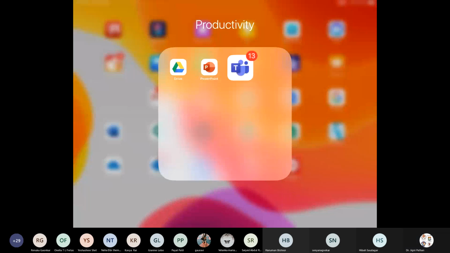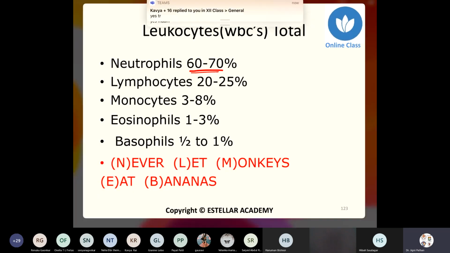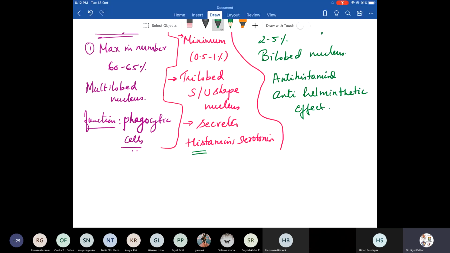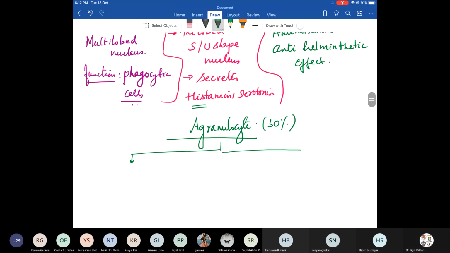Now, so neutrophils is about 60 to 70%. After acidophil, all are agranulocytes. When we discuss agranulocytes, they are about 30%, which consist of lymphocytes and monocytes.